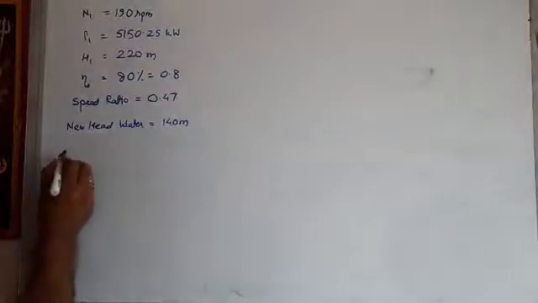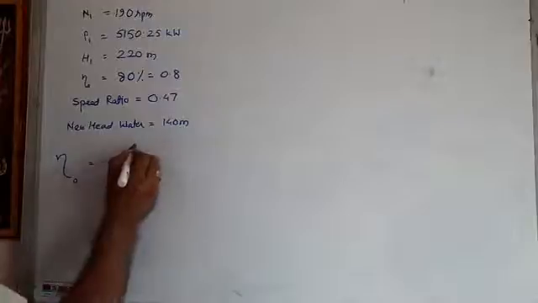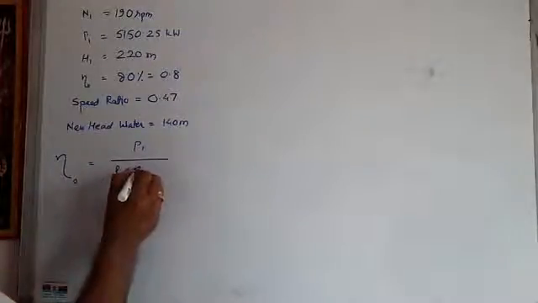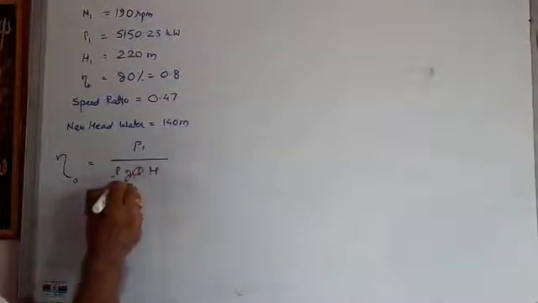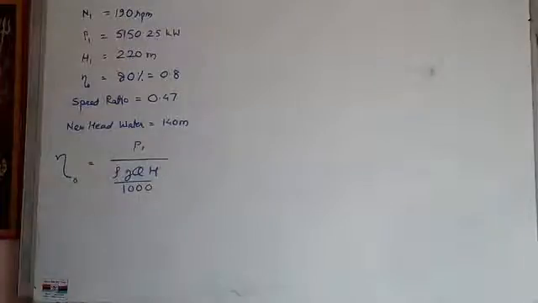Overall efficiency is given as P1 by rho G Q H by 1000.